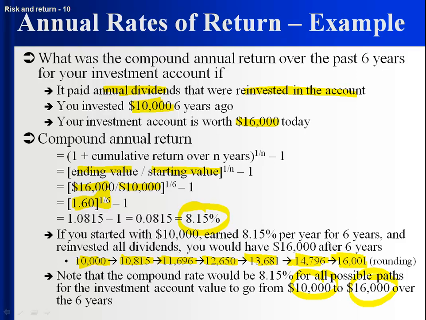You could have gone from 10,000 to 11,000 to 12,000 to 13,000 to 14,000 to 15,000 to 16,000, or you could have gone from 10,000 to 100,000 to 500,000 to a million to 10 million to 100 million to 16,000, or you could have gone from 10,000 to 5,000 to 1,000 to 100 to 50 to a dollar to 16,000. All that matters is where you started and where you ended.